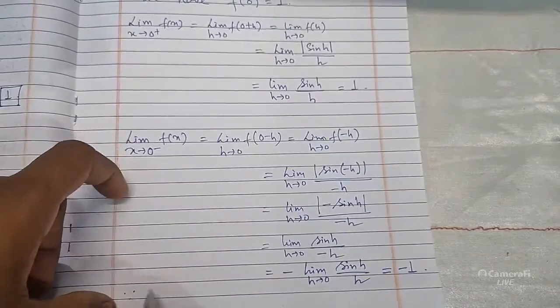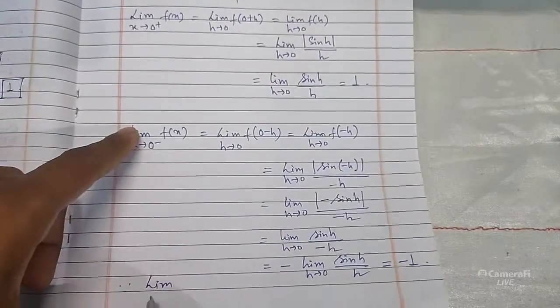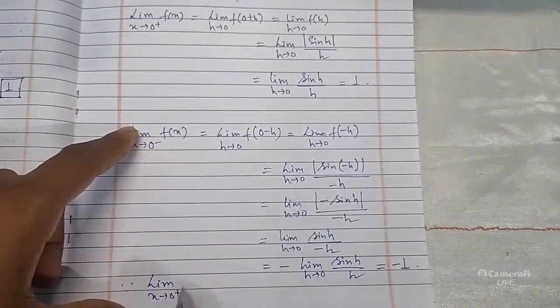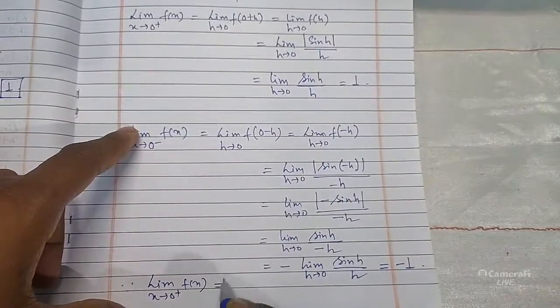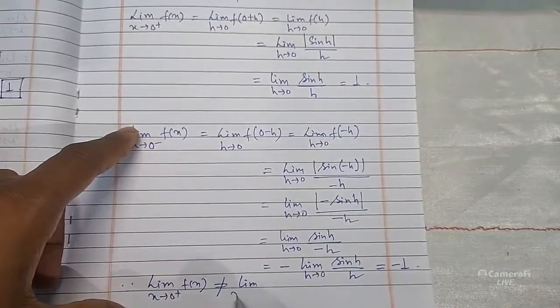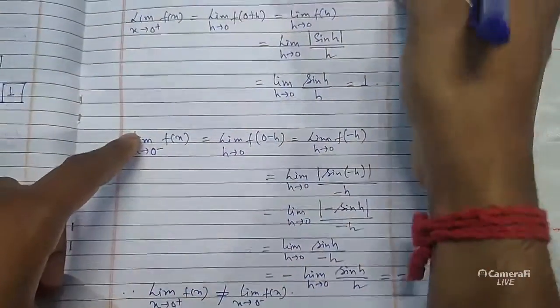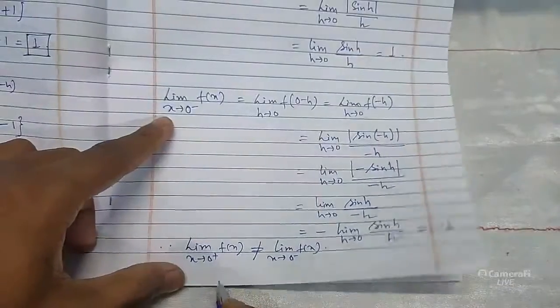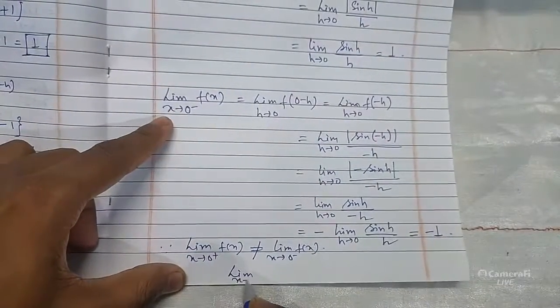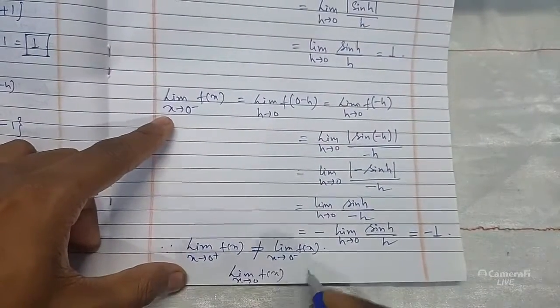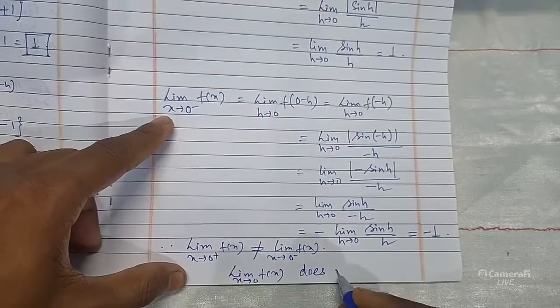Now since limit x tends to 0 plus f(x) is not equal to limit x tends to 0 minus f(x), therefore we can say that limit x tends to 0 of f(x) does not exist.